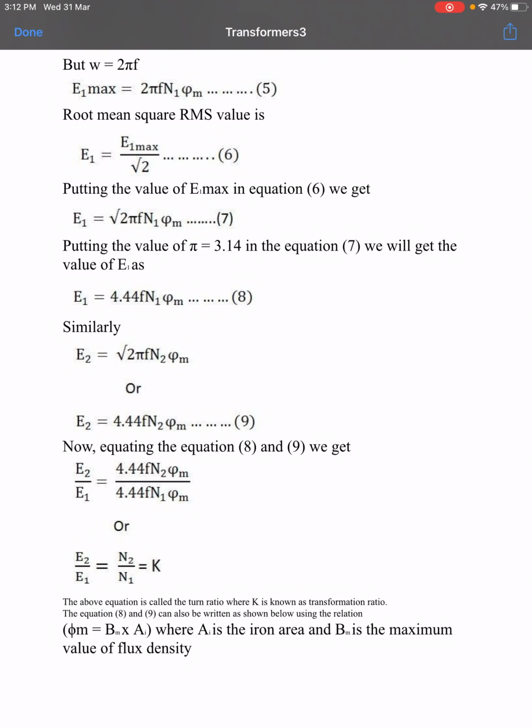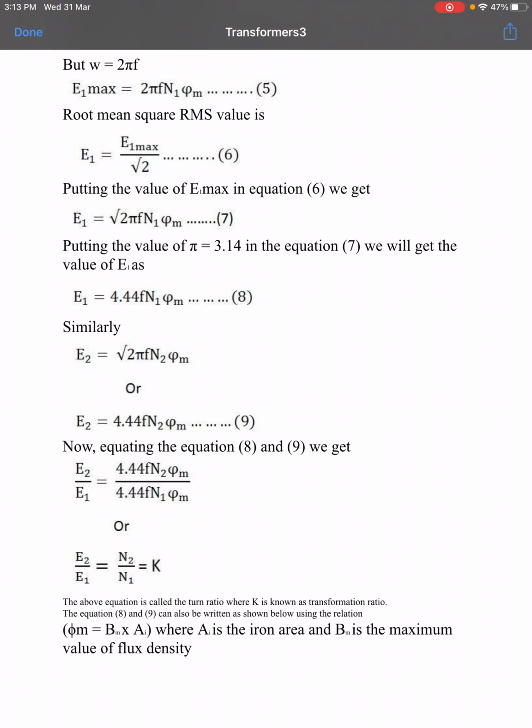Here phi m is nothing but Bm into A, where A is the area of cross section of the iron core and Bm is the maximum value of flux density. We use this formula when solving problems on the EMF equation. Sometimes they mention the area of cross section of the iron core, sometimes the maximum flux density, and using this formula we can calculate the maximum flux.